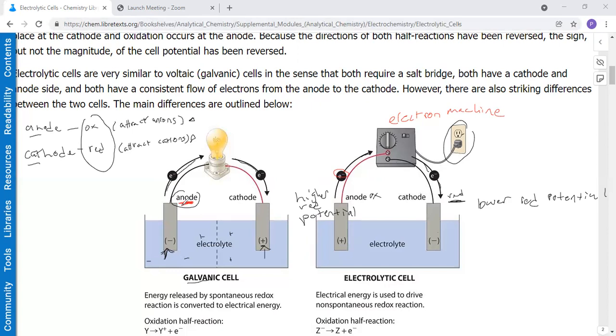Or I wouldn't say more electrons. I'm sorry about that. Let me rephrase that. The potential to lose electrons is greater at the anode.